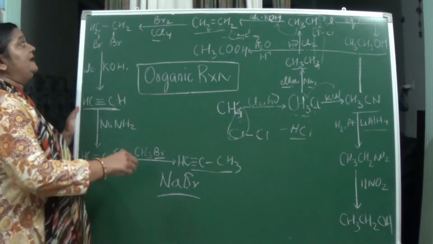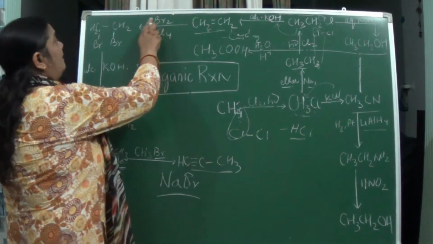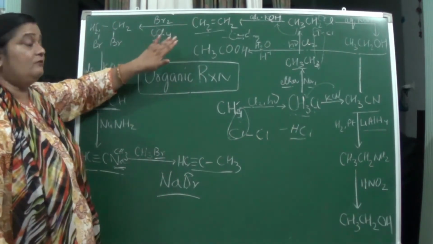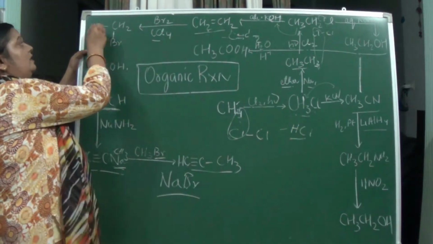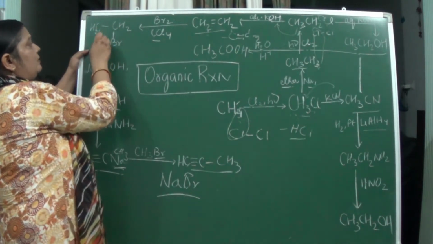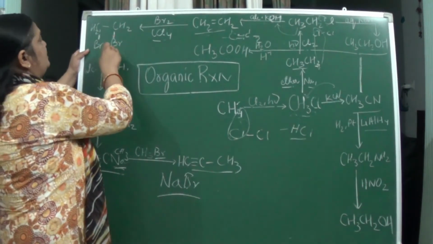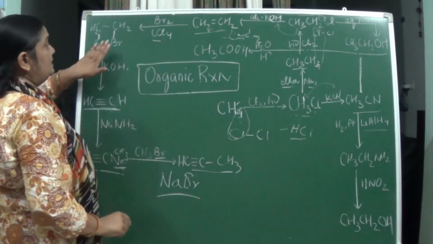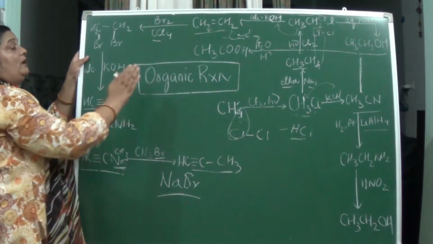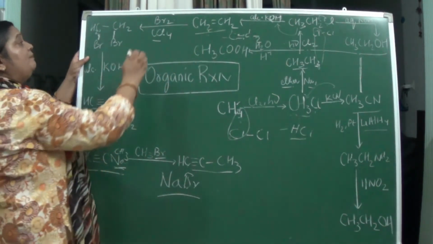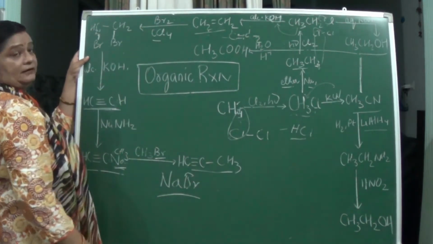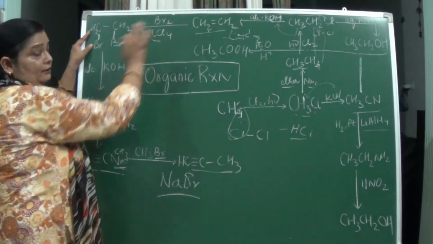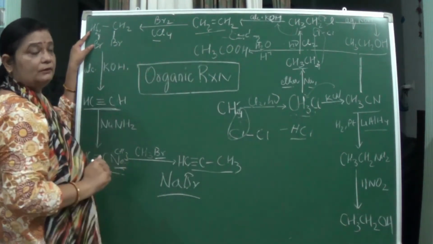Naturally, it will try to join up with this unsaturated compound, and when it joins, here it was a double bond, now it will be a single bond. One bond will be formed with this and another with this. This is the difference you can see: when we are using a double bond, we are adding a halide, that is Br2, and these two get joined with that hydrocarbon, but there only one could do, isn't it?